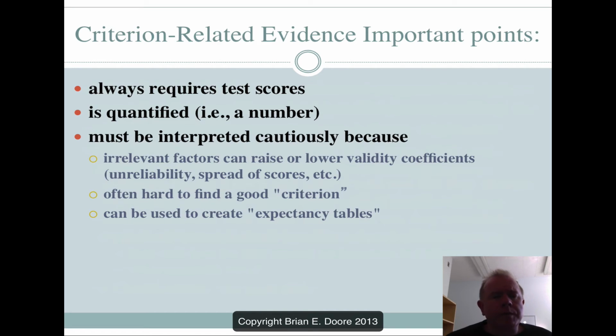One of the other problems with this is that it can create this issue where we have expectancy tables.